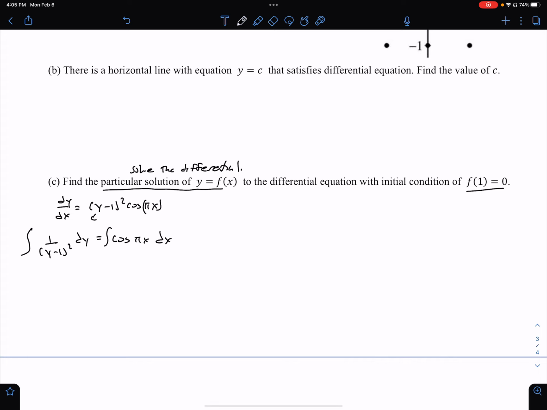When we integrate, we're going to use u substitution. So I'll do u substitution over here. We will get u is y minus 1, du is just dy.